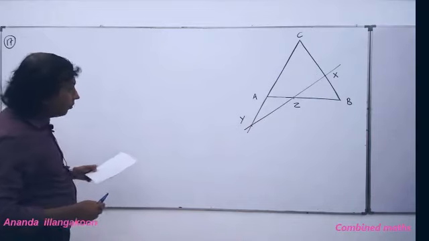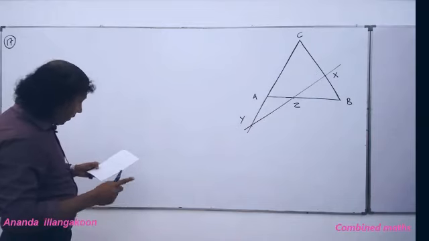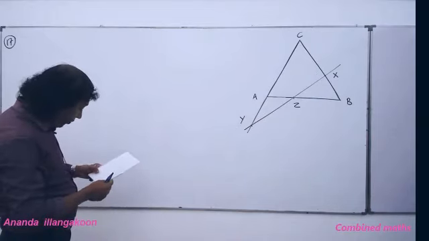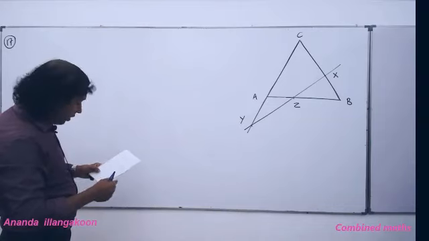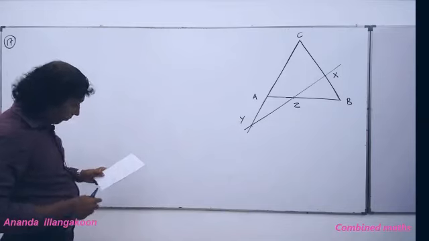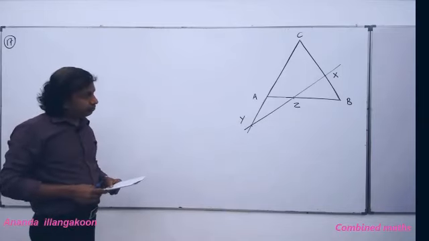The sides of triangle ABC: BC at X, CA at Y, AB at Z. This way we are given.